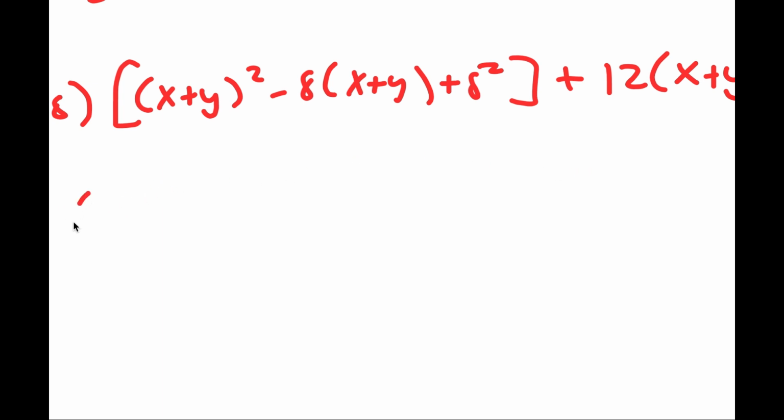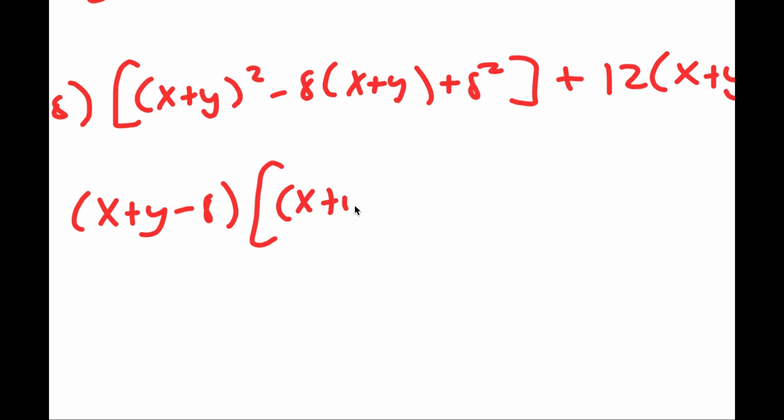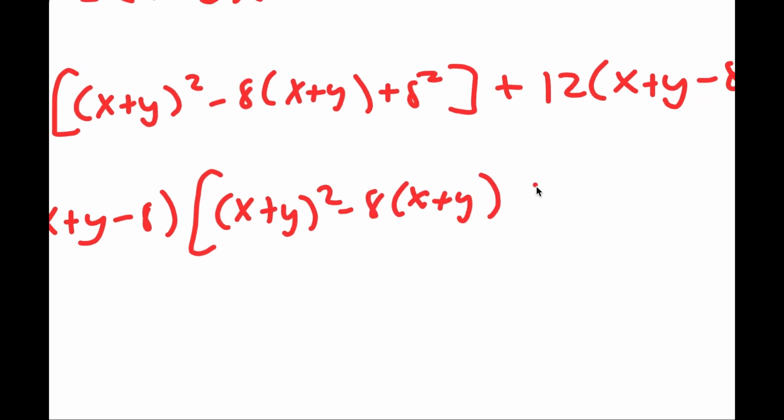And all of this simplifies to x plus y minus 8 times x plus y squared plus 8 times x plus y plus 76 is equal to 0.